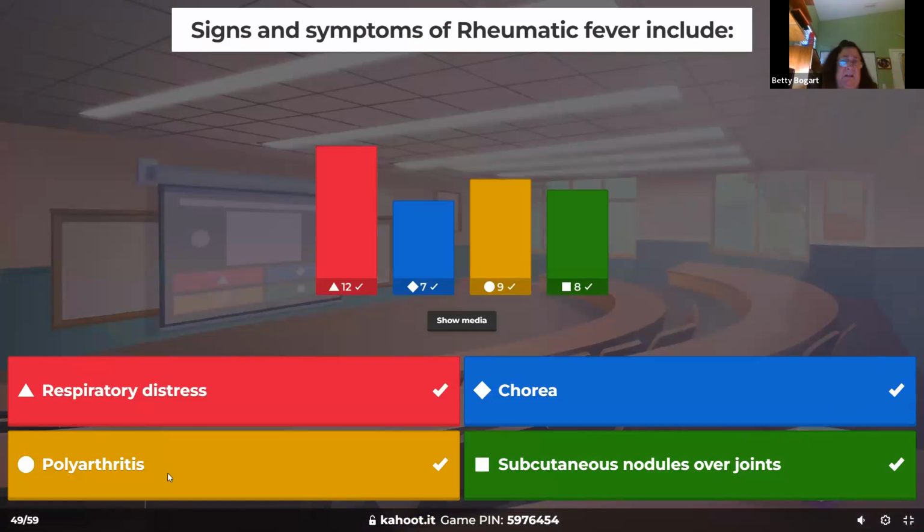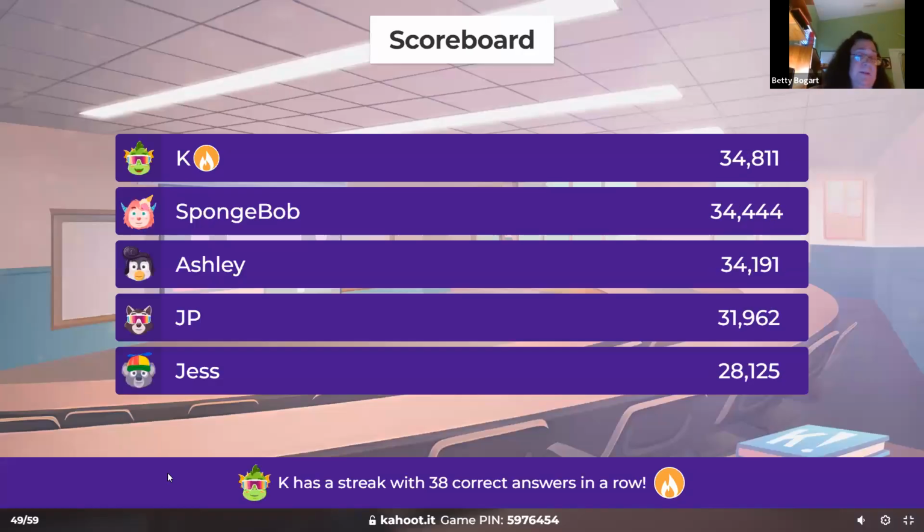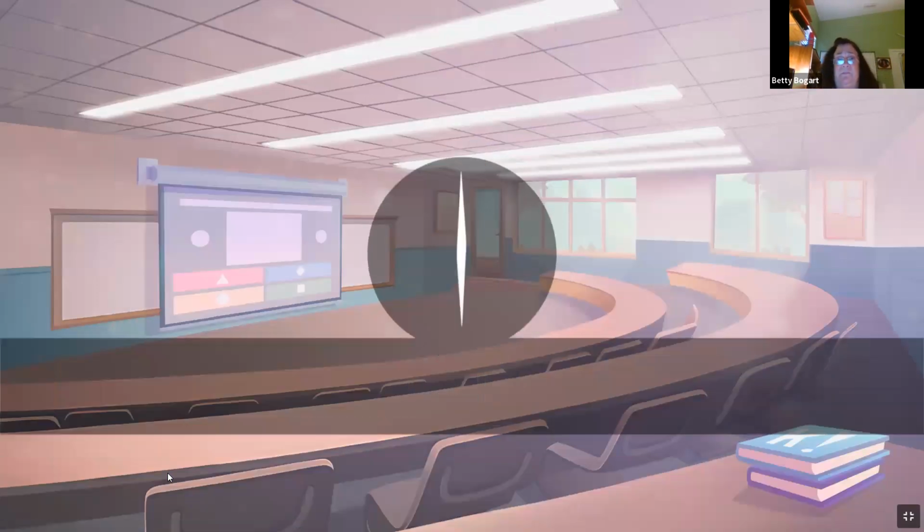You're not going to feel good. Might even have a sore throat with it. But you'll see also the polyarthritis, the swelling of the nodules, the subcutaneous nodules, and again, that chorea that I said. Remember, it does cause permanent heart valve damage, and it's the mitral valve. How do we treat it? Long-term antibiotics, up to 1, 2, maybe even 3 months, depending. And the only thing we can't cure is that mitral valve damage. Once it's damaged, it's damaged.